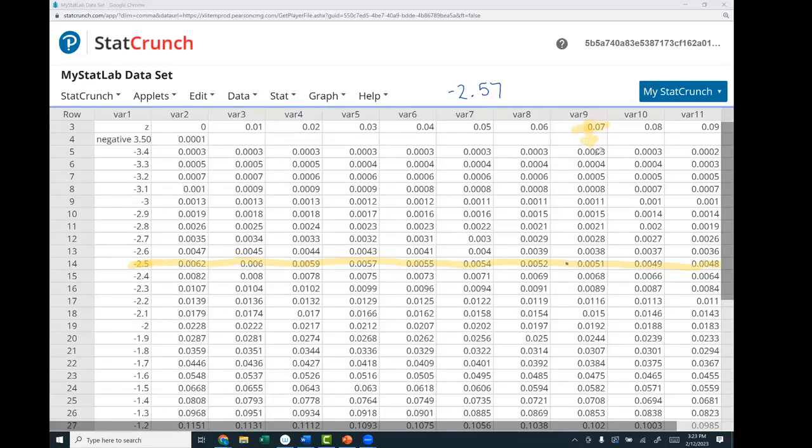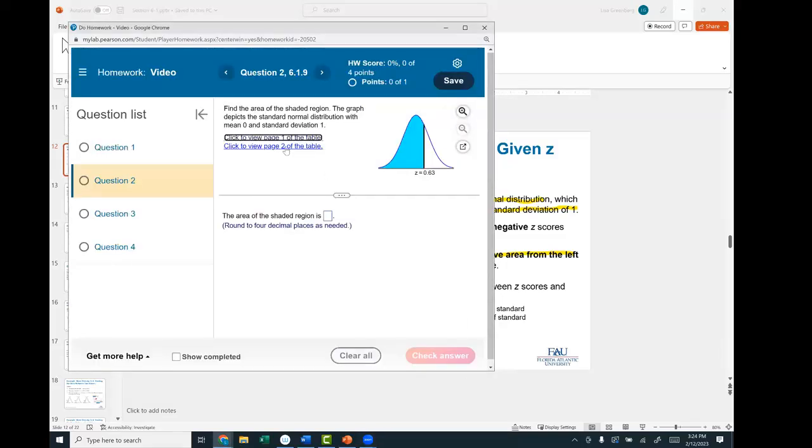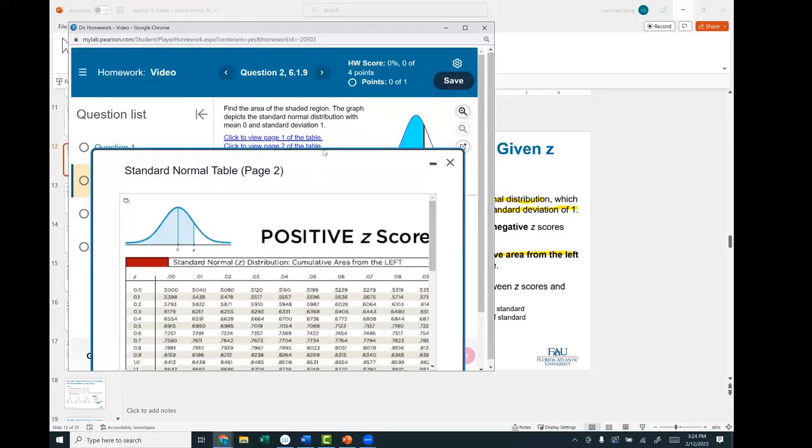No. Okay, so this column right here is the 0.07 column. And so where they intersect is 0.0051. That would be our probability, which is the same as the area under the curve. Okay. And then we would have the same thing if we had picked a positive value.